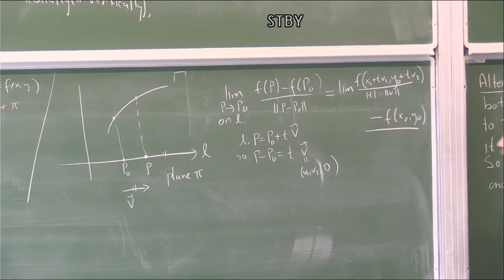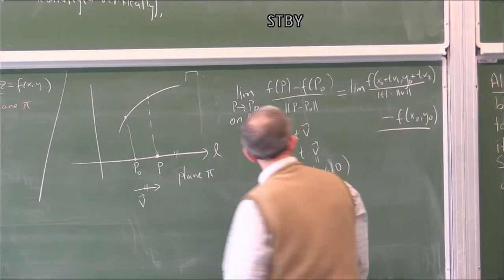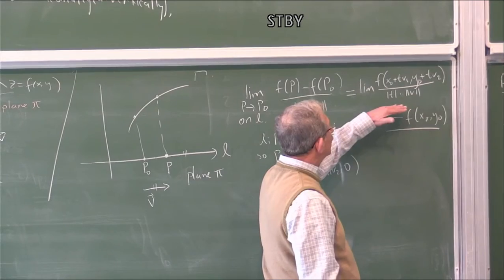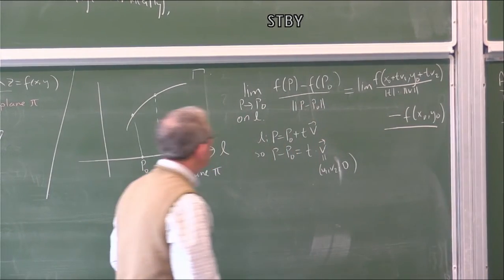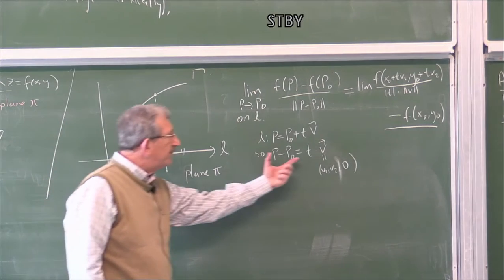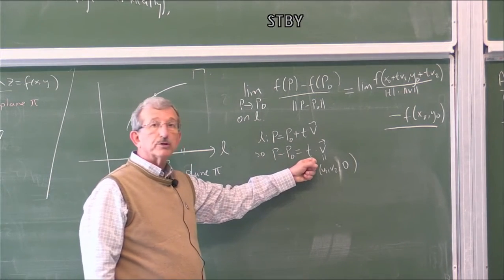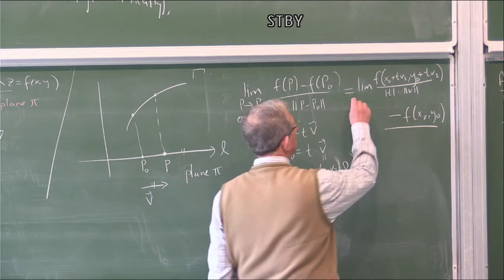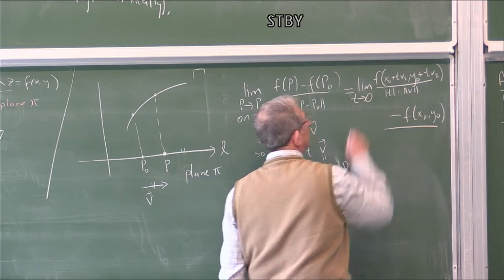Now this very much looks like a one variable limit, and clearly p goes to p0 means, in this setting, t goes to 0. So t is the variable and it goes to 0.